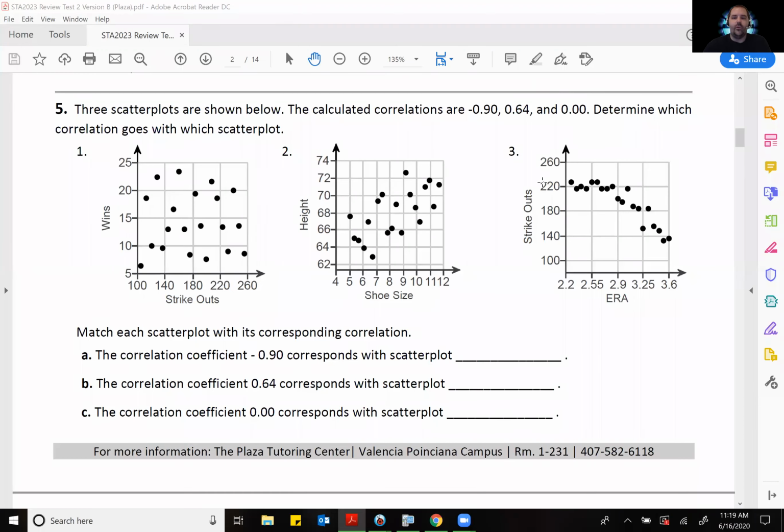Because what do we know about that correlation coefficient? That the closer to 1, the closer to a perfect line. Yes. The closer to 1 or a -1, the more your line looks like a straight line. What happens when you're close to 0? It's going to be scattered all over the place.